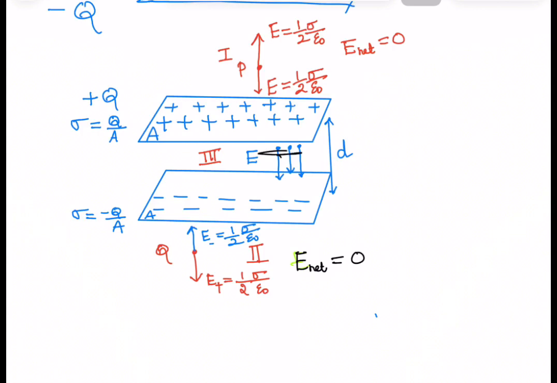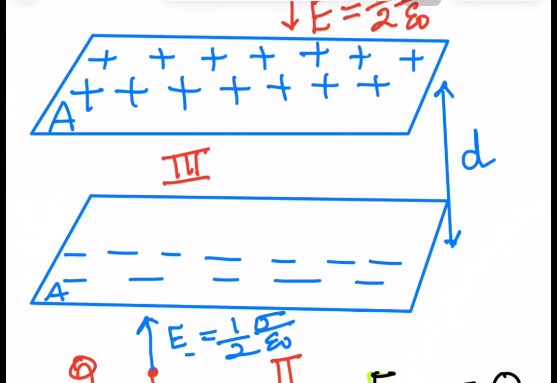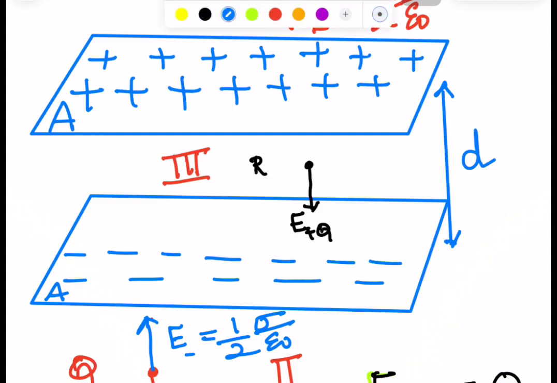Next, what about the electric field between the plates? Suppose we take a point R. Here the direction of the electric field due to the positively charged plate, E plus Q, is away from the positively charged plate, and the electric field due to the negatively charged plate, E minus Q, is towards the negative plate. So what is the net field? They get added up.